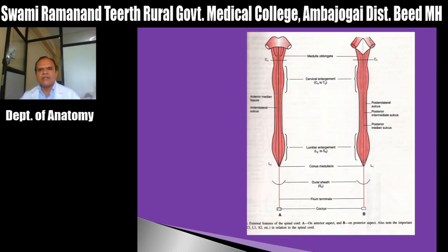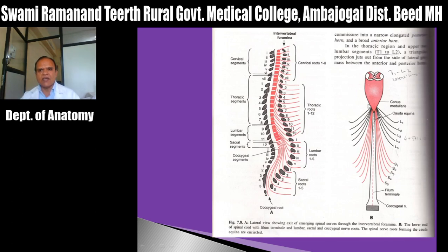So we have seen the spinal cord: what is its length, what is its breadth, what is its weight also, where it extends, then what are its coverings, and what are the modifications of the pia mater, what are its enlargements, and then what is cauda equina.